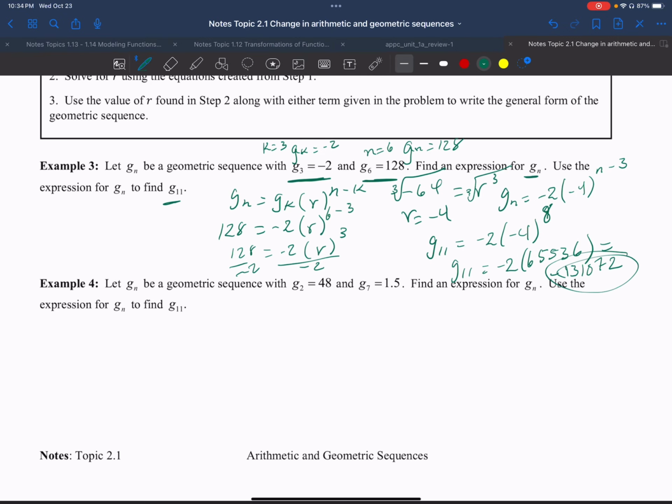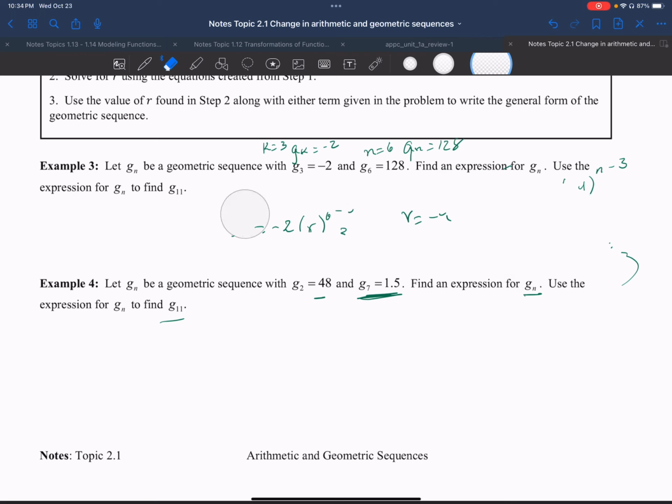Same thing for the last example. They gave me g of 2 equals 48, g of 7 equals 1.5, and I know it's a geometric sequence. Find g of n and g sub 11. To make this easier, I'm going to label first. So n equals 7, and g of n is going to be 3 over 2.